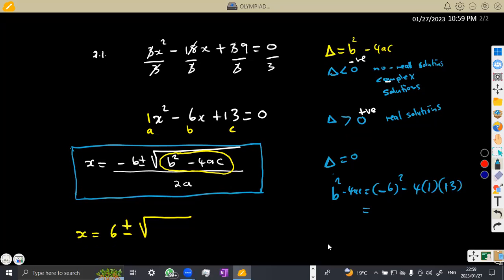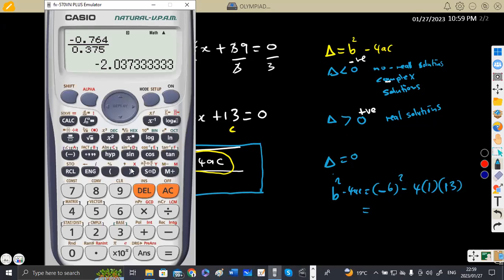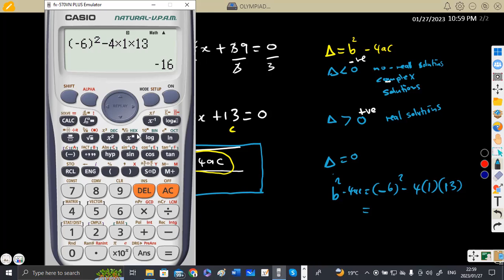Okay, I hope you can see the calculator now. So this is negative 6 squared, minus 4 times 1 times 18. This is going to give us negative 16. All right, so we are obtaining negative 16 in this case.